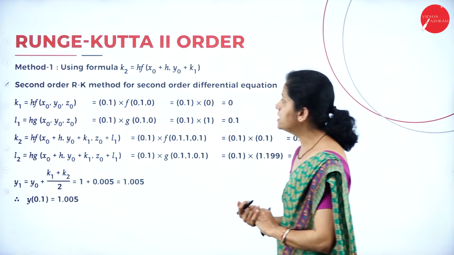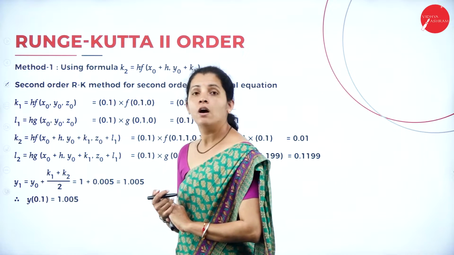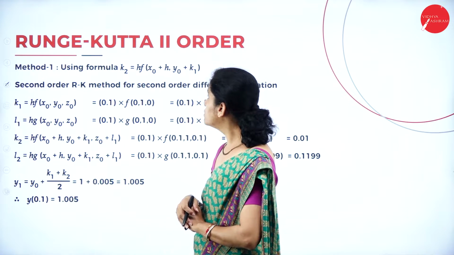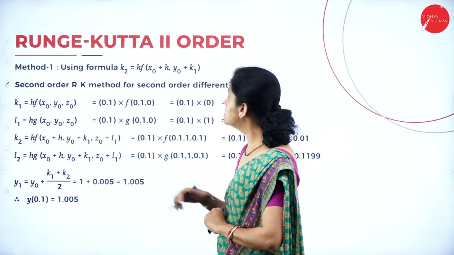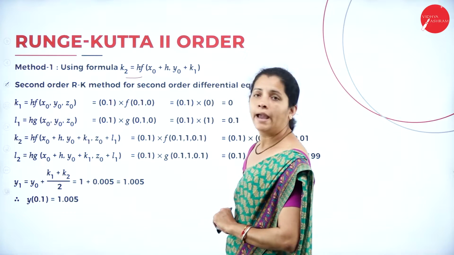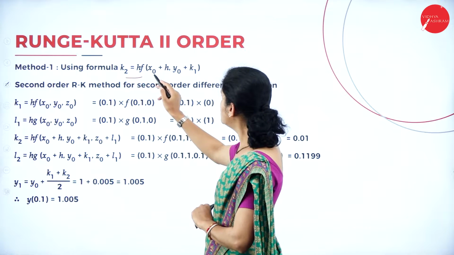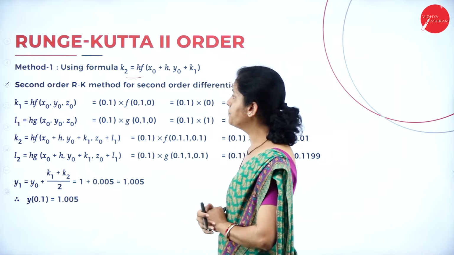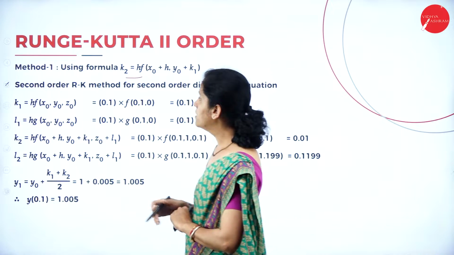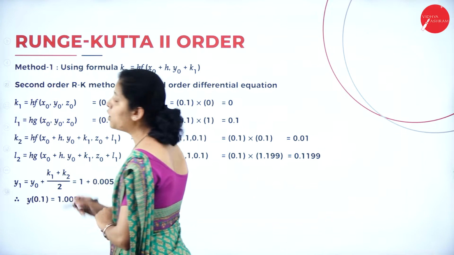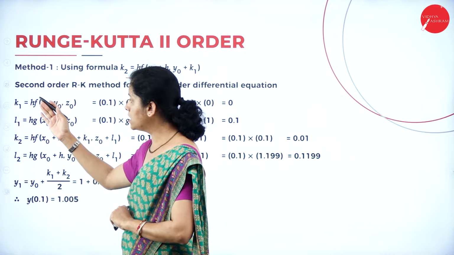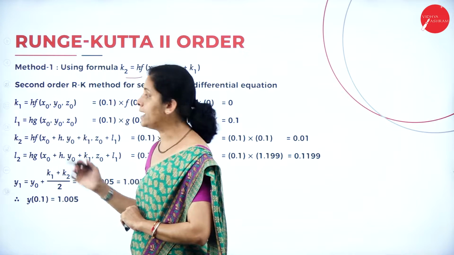Now see here, I'm going to use the first method. So what is the formula I have? Here the formula is K2 equals h f of x0 plus h and y0 plus k. If I consider the Runge-Kutta order 2, then I'm going to find K1, L1, K2 and L2.